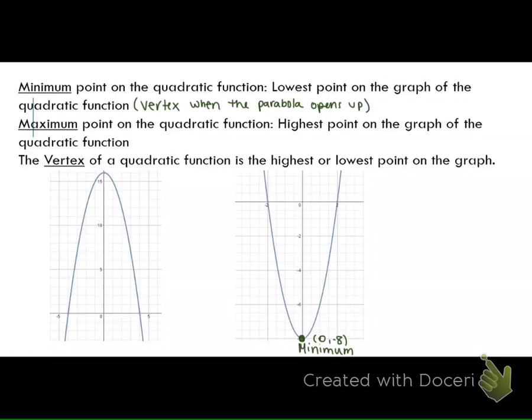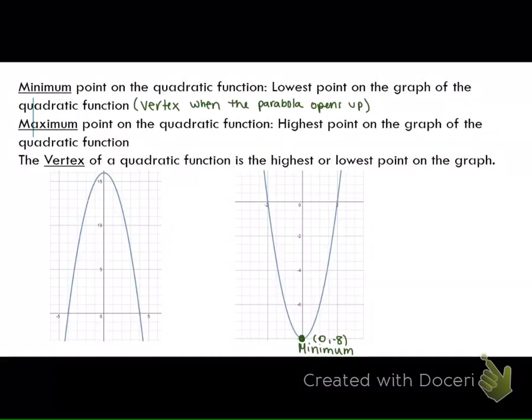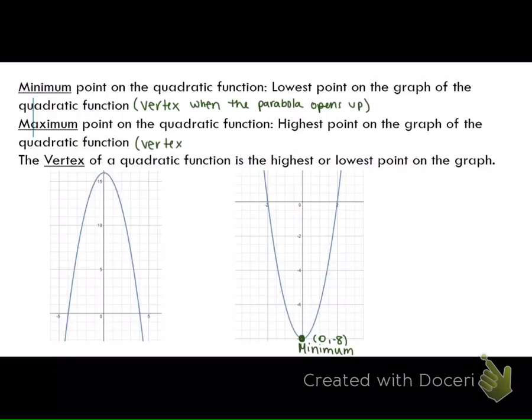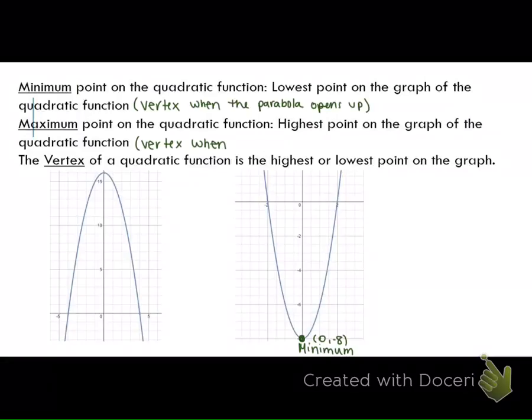So a maximum is a point on the quadratic function. It is the highest point on the graph of the quadratic function. It is a vertex when the parabola opens down.